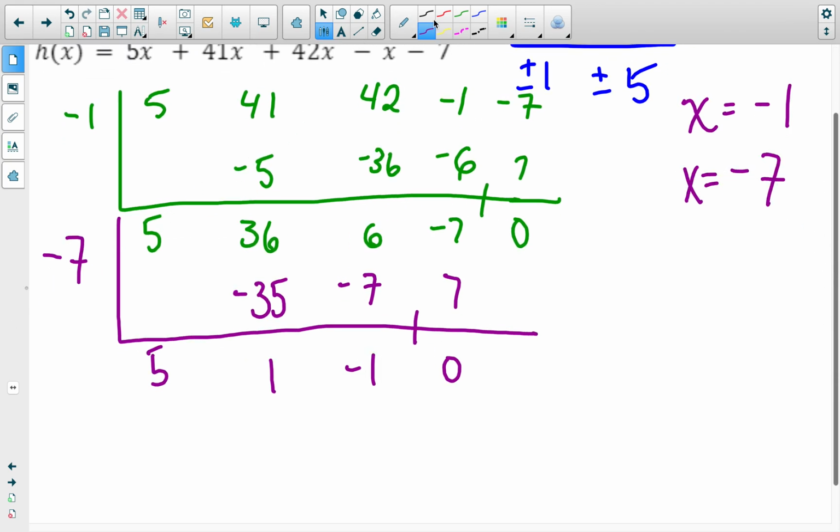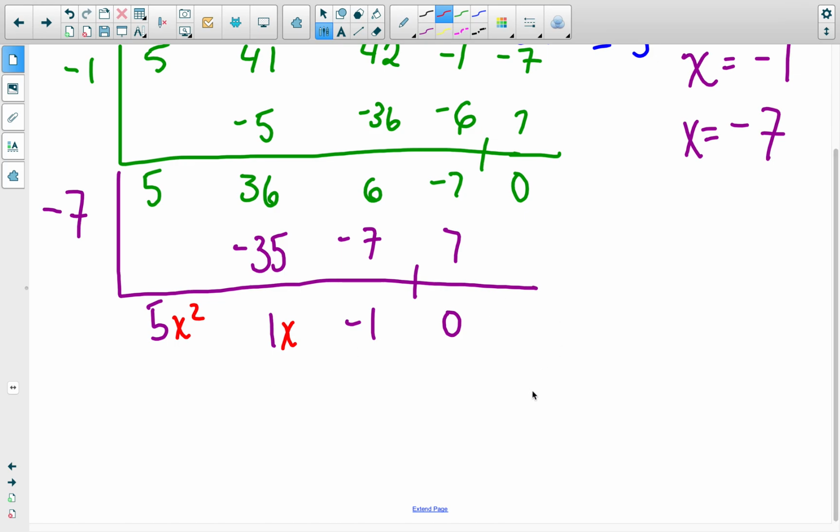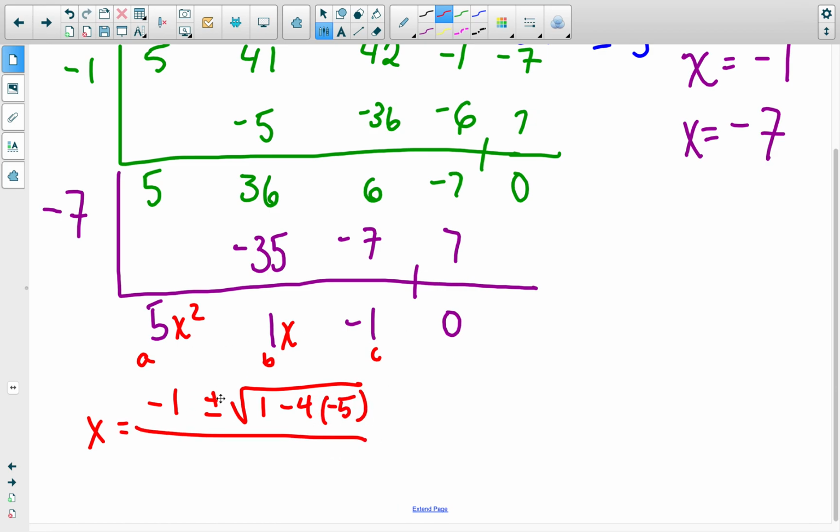We know that's one of our roots, and then here now we have our constant, x, and our x squared term. And so we can solve this using the quadratic formula, factoring, or completing the square. Okay, I'm going to use the quadratic formula. So 5 is our a value, 1 is b, -1 is our c value, so x is going to equal -b, so -1 plus or minus the square root of b squared minus 4 times a times c, all over 2a, which is going to give us 10.